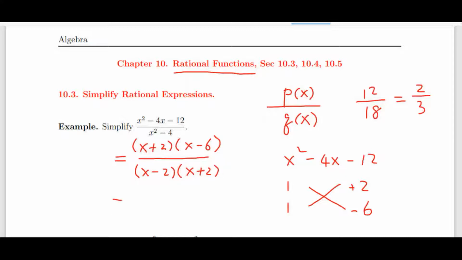Okay, so we find we can cancel x plus 2, so we get this. So this is just simplifying, canceling something by factoring.